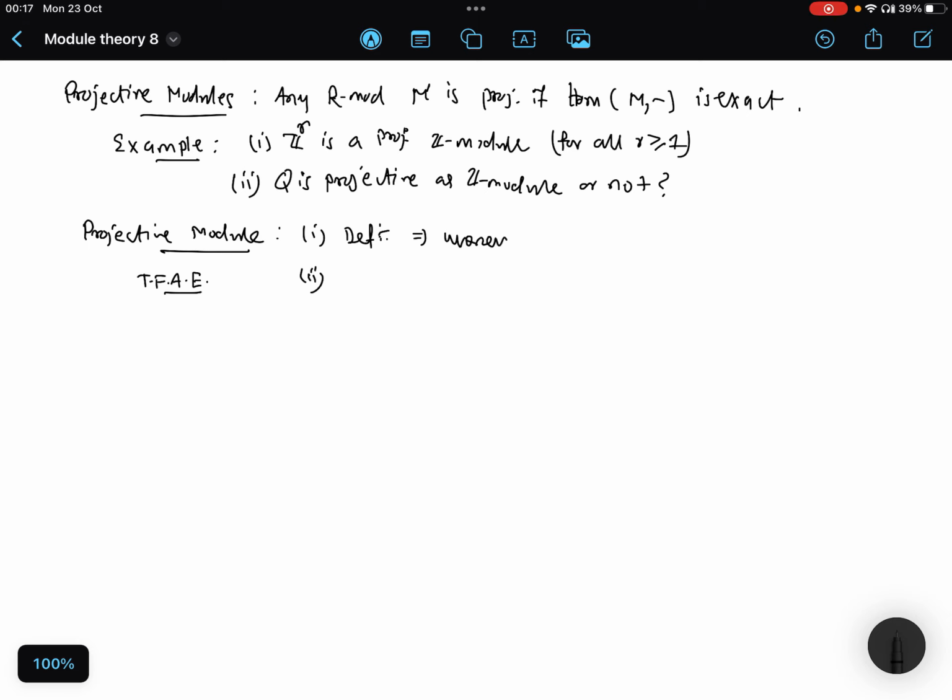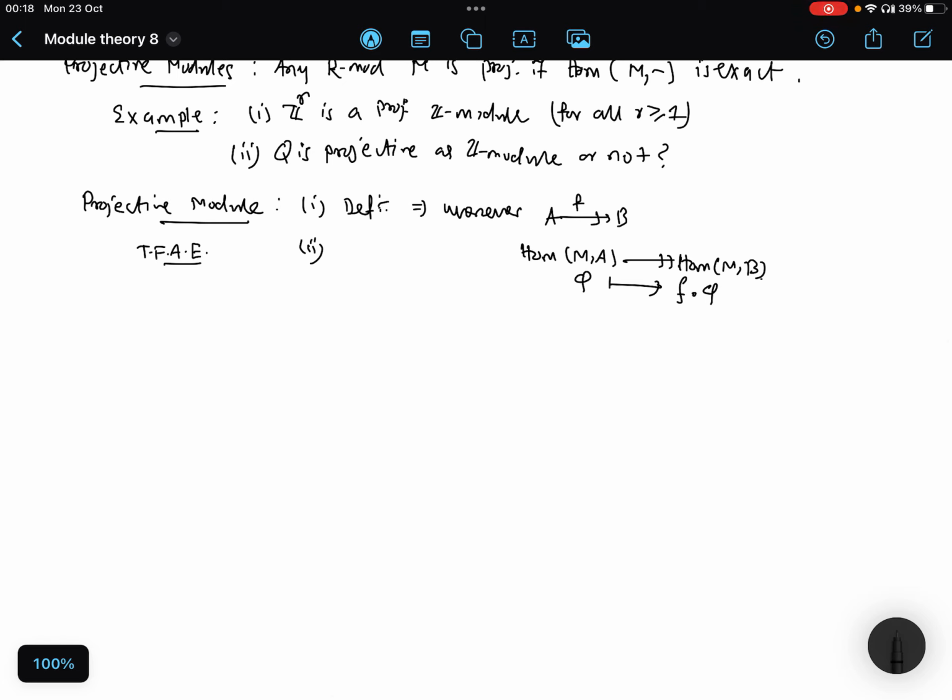whenever you have a surjective map, you get a map from Hom(M, A) to Hom(M, B). So what you do, you take any map from M into A and just compose it with the surjection. We will get a map from M to B. So this is exact. What does it imply?